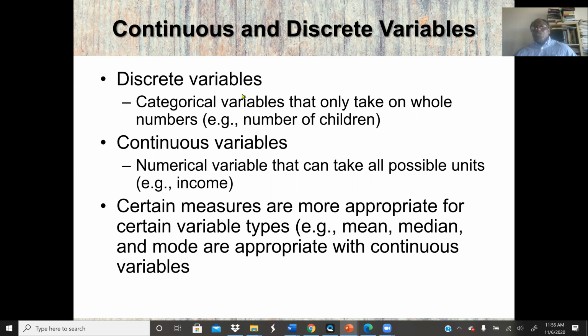So a discrete variable is a categorical variable that only takes on whole numbers because it's based on counting. Then a continuous variable is a numerical variable that can take all possible values. To remember the difference between discrete and continuous: discrete is based on counting. We count 1, 2, 3.